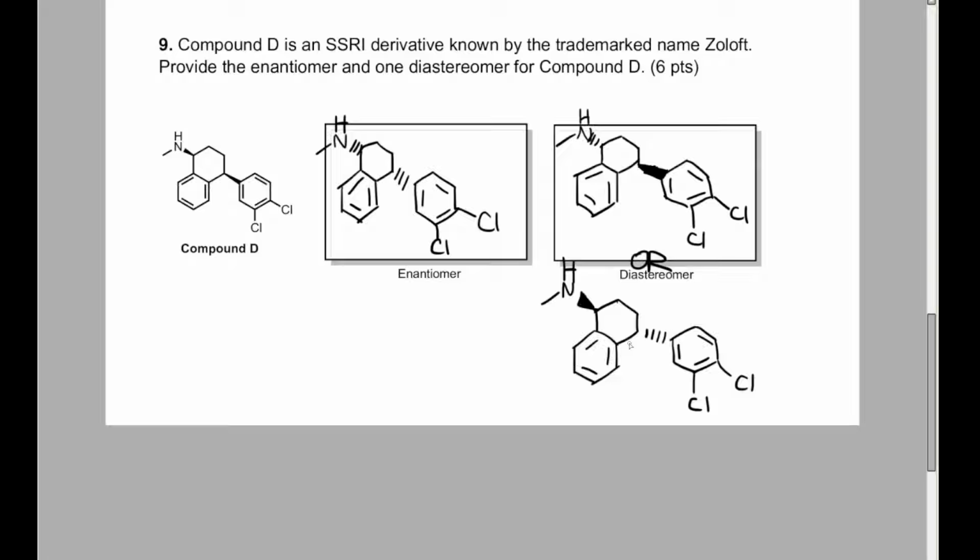The problem only asks for 1, so either of these are okay, and I'm just drawing both to show that there are 2 ways you can do the problem.